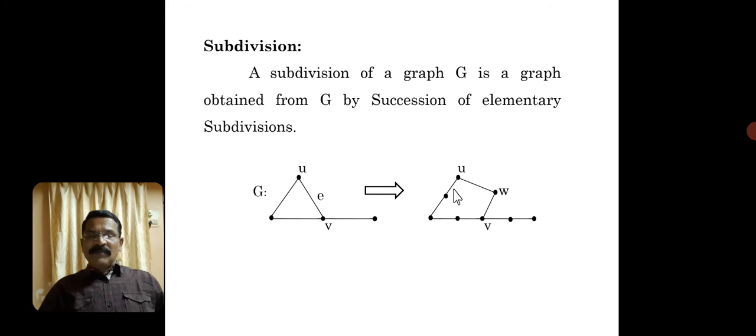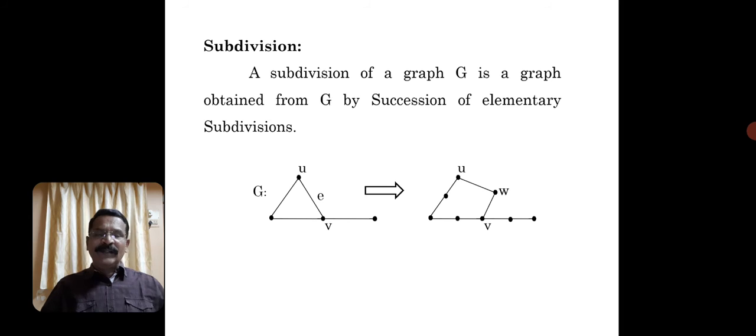So that is elementary subdivision. What is subdivision? Subdivision means you can repeat this process for some other edges. A subdivision of a graph G is a graph obtained from G by a succession of elementary subdivisions. In the previous example, we deleted one edge, introduced one vertex, and joined it with the vertices of the edge E equal to UV.